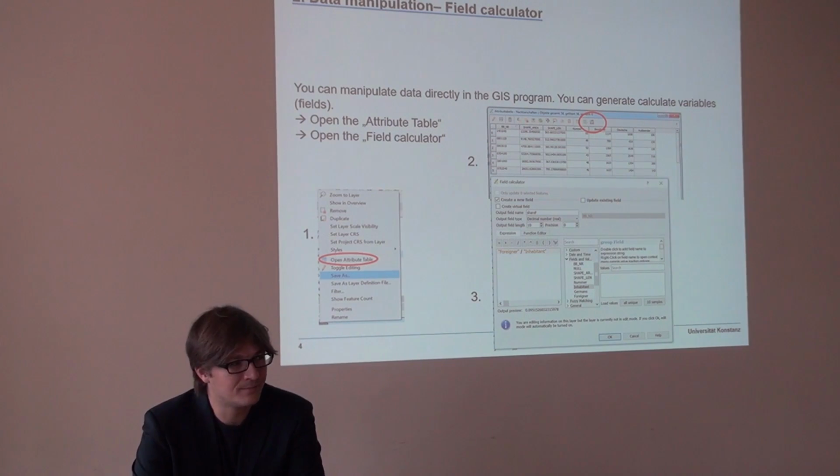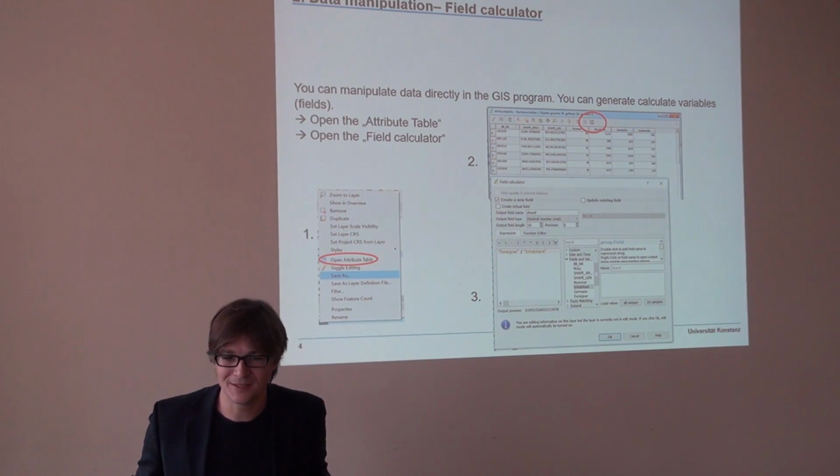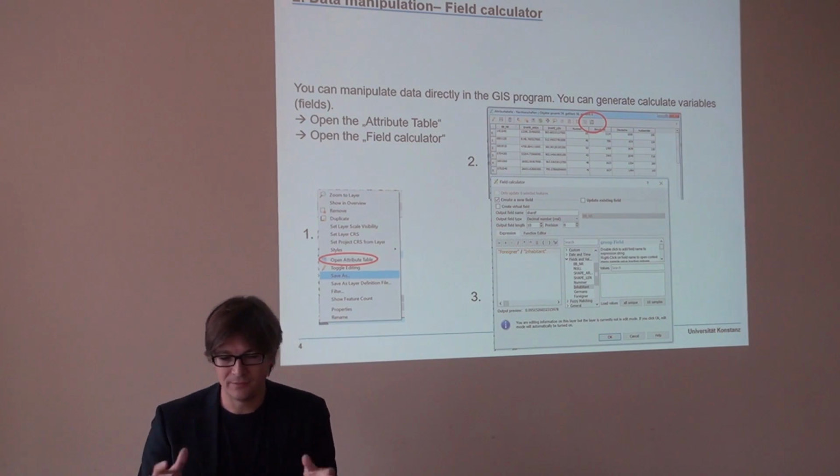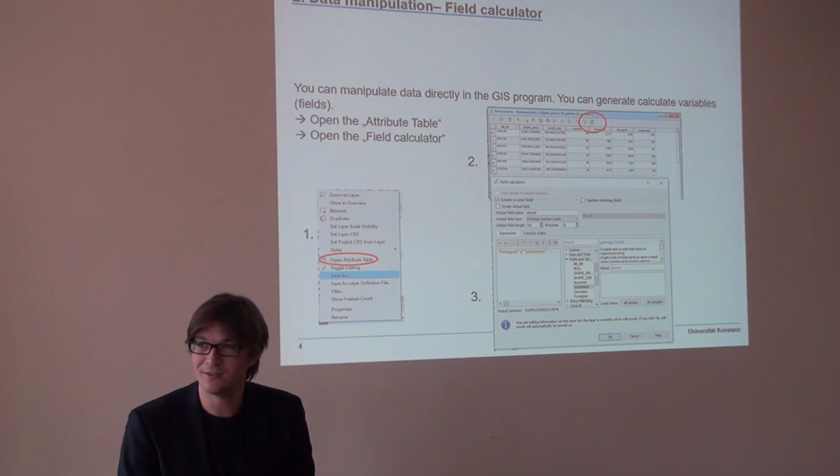Okay, next tool that we need is the field calculator. Usually we manipulate data in our statistical programs like SPSS or somewhere else, but for small and even for bigger kinds of manipulations you can also do directly in your QGIS program.